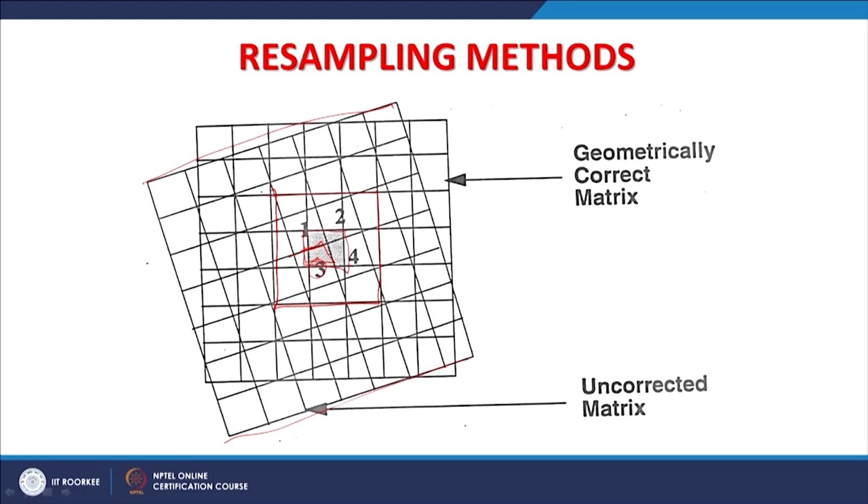So, these 16 pixels of the input image would be considered to decide a new pixel value for my target image. This method of resampling is called cubic convolution. We will discuss these, and their pros and cons, very quickly.